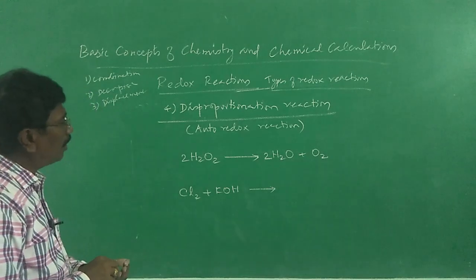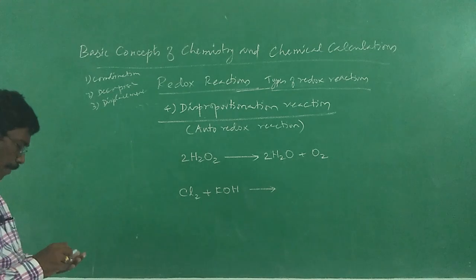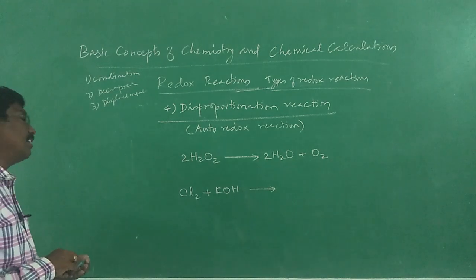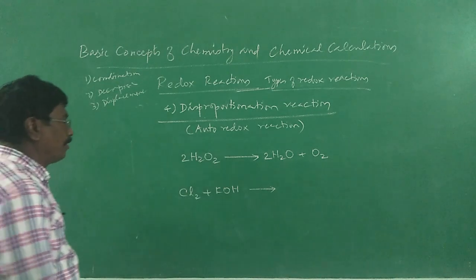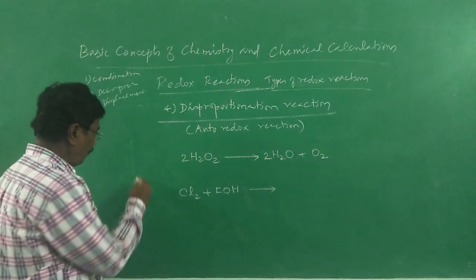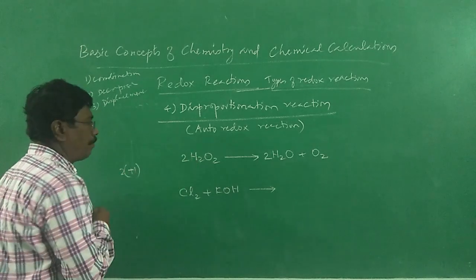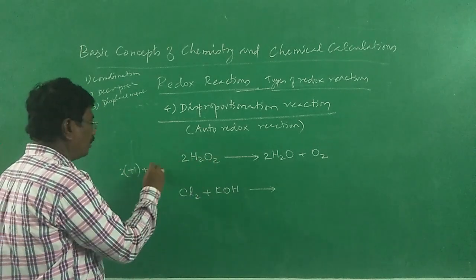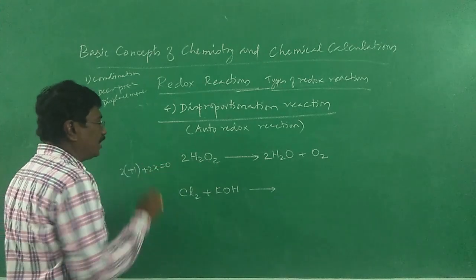Now, what about oxygen in hydrogen peroxide? In peroxides, oxidation number of oxygen need not be -2. It is different. How? Hydrogen is +1. We have 2 hydrogen, 2 into +1, plus we have 2 oxygen, 2 into x. We may not know the oxidation state of oxygen here, but the sum should be 0.